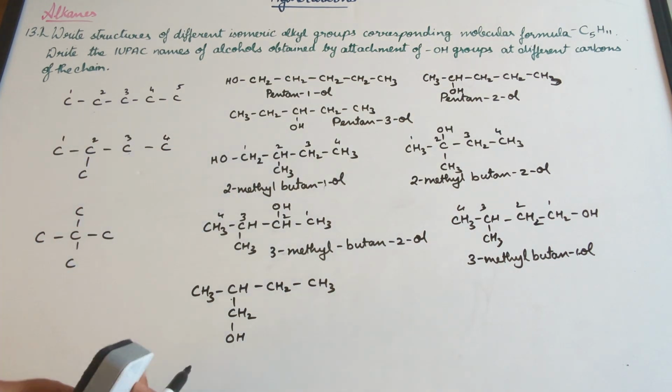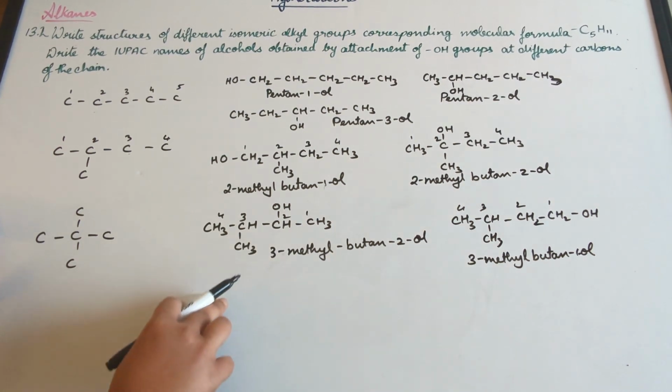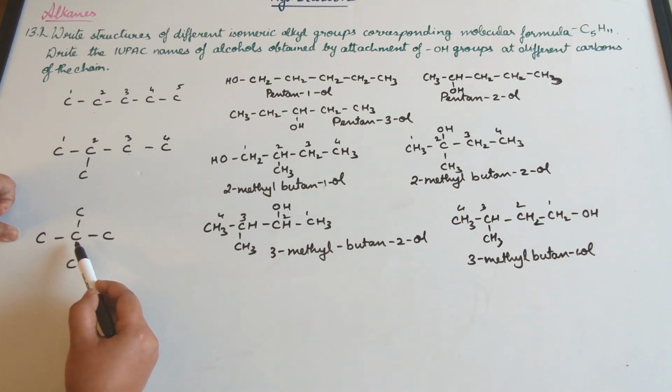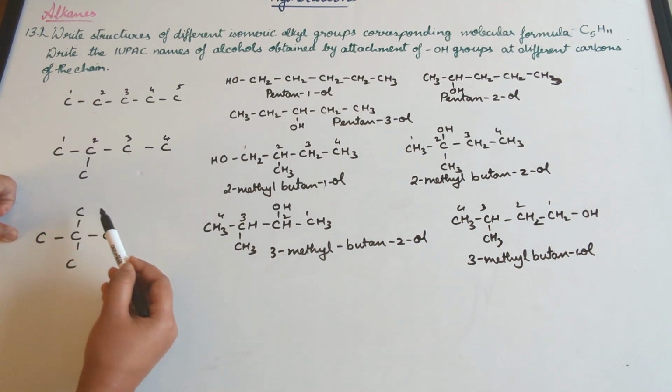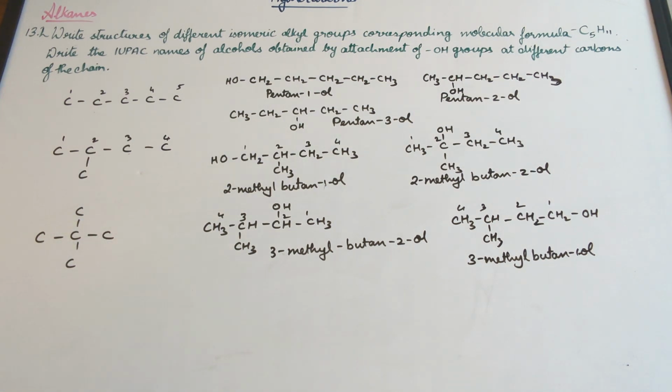The next one is this particular arrangement of carbon chain. Now, first of all, this carbon atom cannot form any new bonds, so it's only going to be these 4. And because these 4 are basically the same methyl group, irrespective of where you put the OH group, the name is going to stay the same, right?